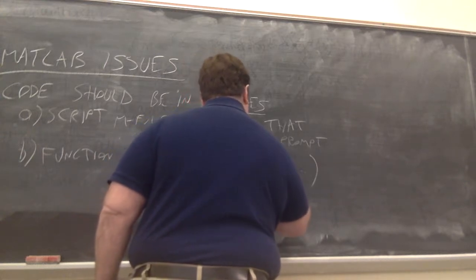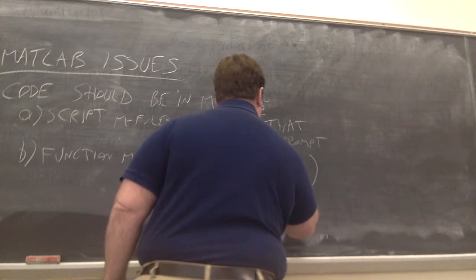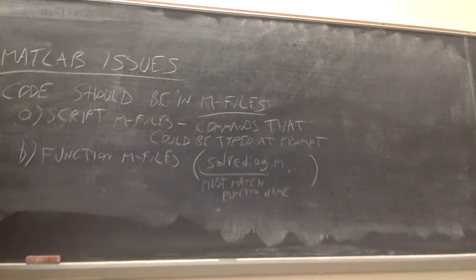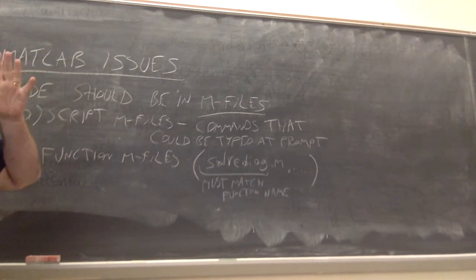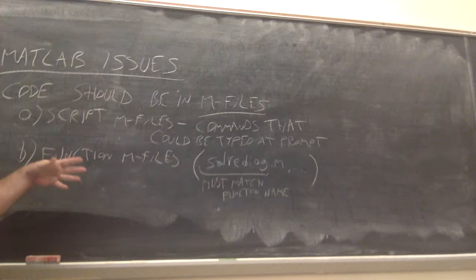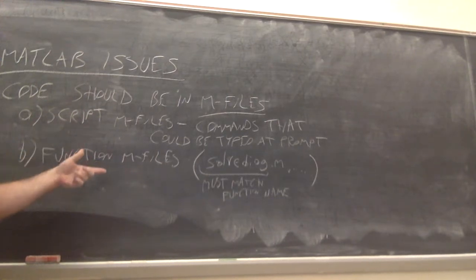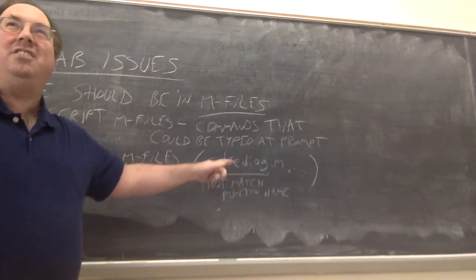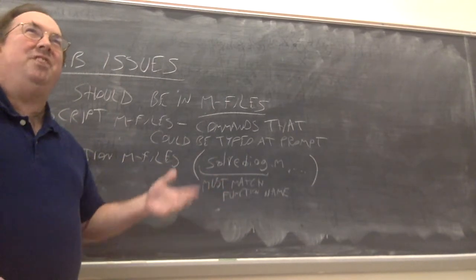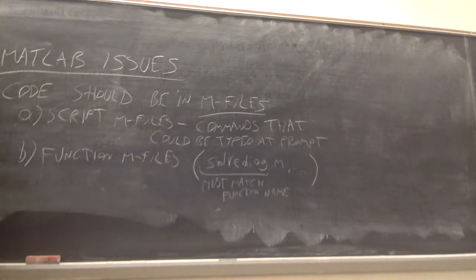Well, now Matlab does not forbid you to mismatch, but when you're writing this function, function x equals solvediag whatever, the way Matlab accesses functions is by the file name, not what you put in the file, because it has to find it. It's going to find it by the file name. So those two names should be the same.